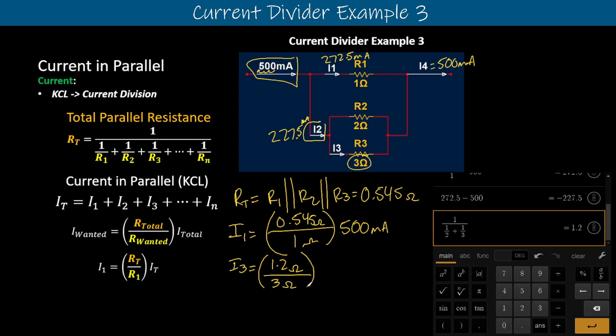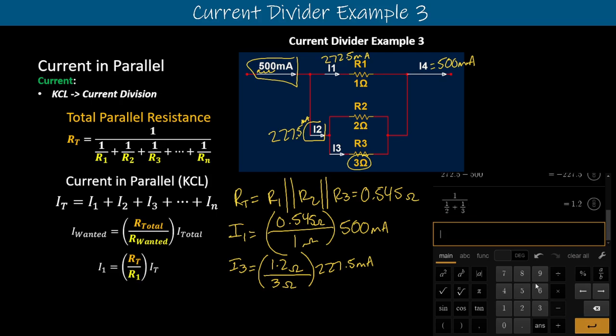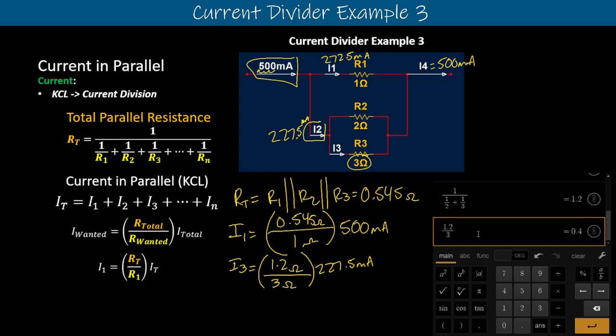We'll multiply by what we have going into that section, which is 227.5 milliamps. So we have 1.2 divided by 3 multiplied by 227.5 milliamps. We know we're going to get milliamps out of that, right? So 91 milliamps. I3 is equal to 91 mA.